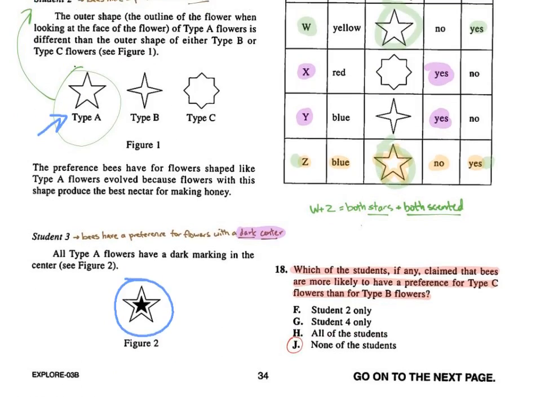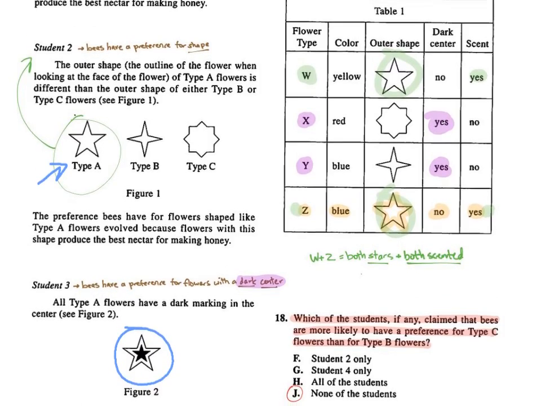For number 18, it says, which of the students, if any, claim that bees are more likely to have a preference for type C flowers than for type B flowers? So basically, did any students say that type C flowers are going to have a preference over type B flowers? Now, there's no student that said that those shapes of B and C are shapes that the bees will be attracted to.